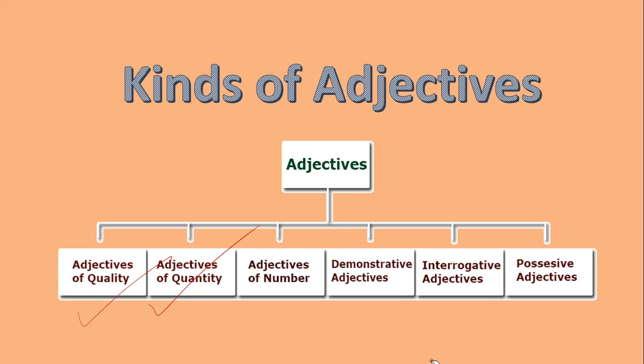Adjectives of number like 3, 2, several. Then demonstrative adjectives like this, that. Interrogative adjectives like what, which, and possessive adjectives like my and your. So these are the 6 kinds of adjectives. Now we'll study each in detail.